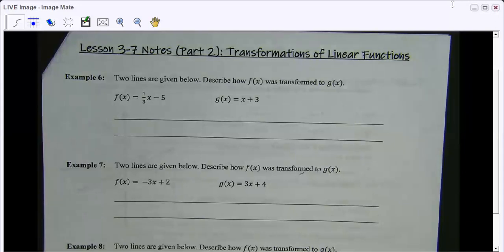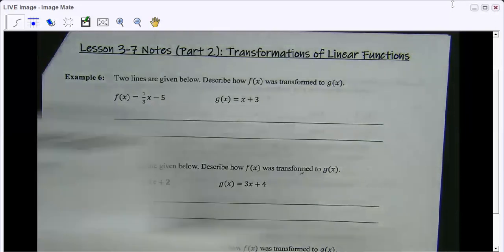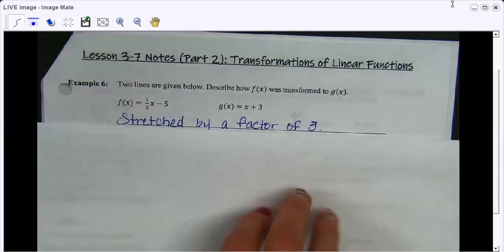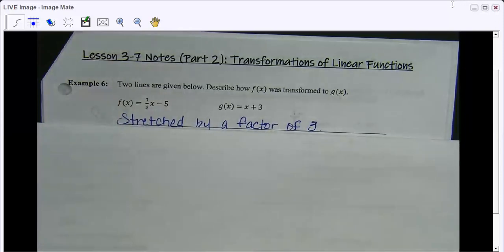What did you say over here? Somebody said it. Yeah, it's a stretch. So we stretched by a factor of 3. Right. And then what else happened?